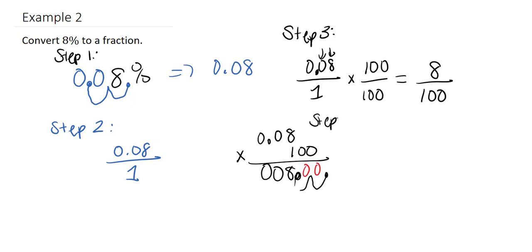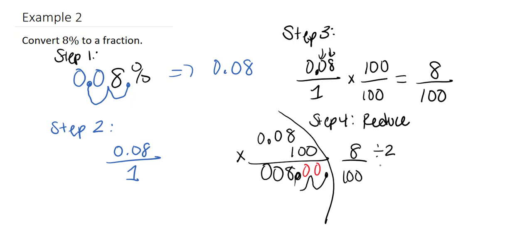So step 4, we're going to go ahead and reduce. So 8 over 100. We're going to divide the top by 2 and the bottom by 2. 8 divided by 2 is 4. 100 divided by 2 is 50. We'll just cut it in half.